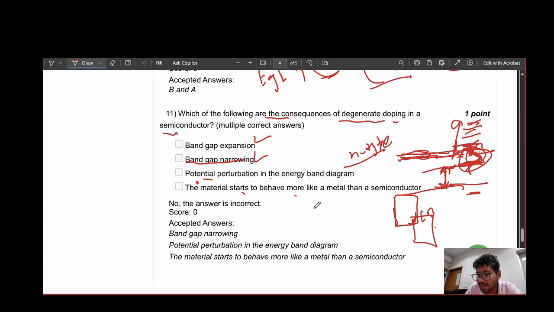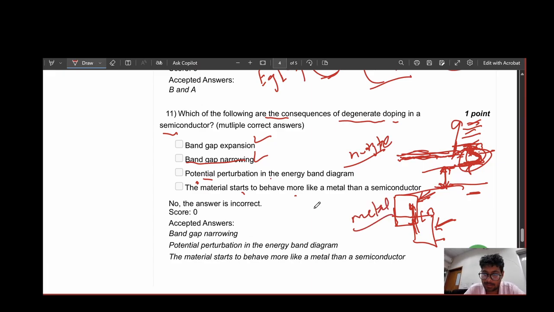This band is full and this band is empty, so there are energy levels which can jump, so it will be more like a conduction. This is like a valence band and this is a conduction band. There is a full band and an empty band, so it will behave more like a metal. Got the point?